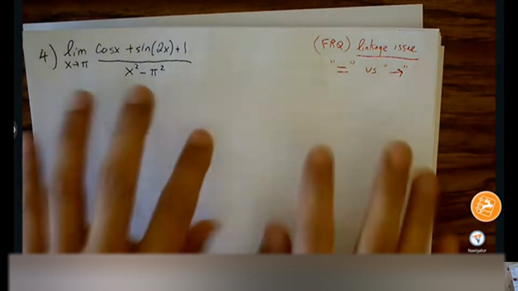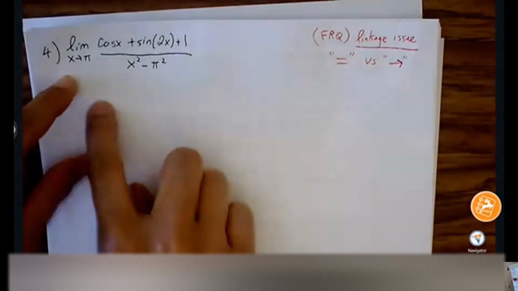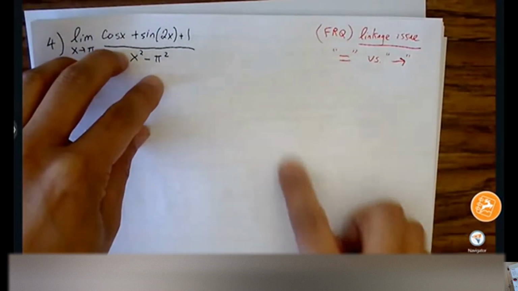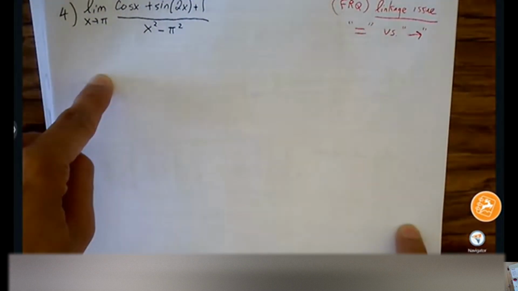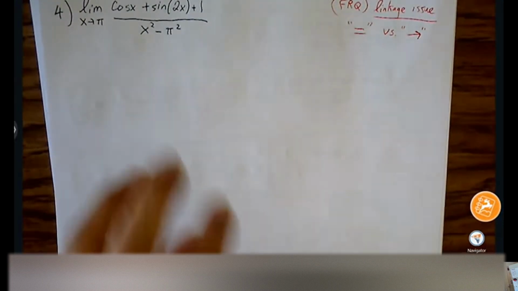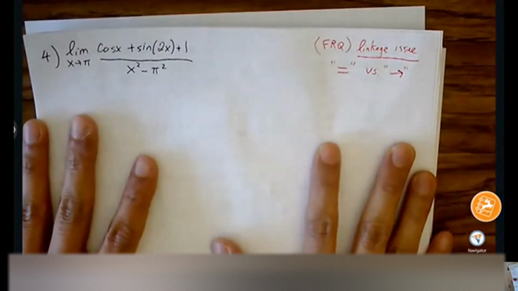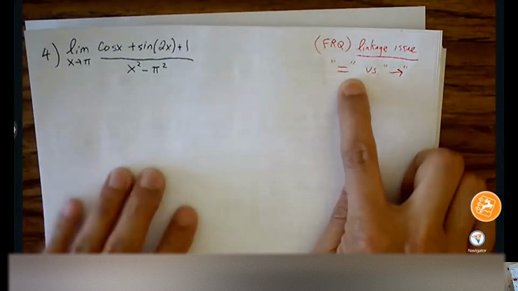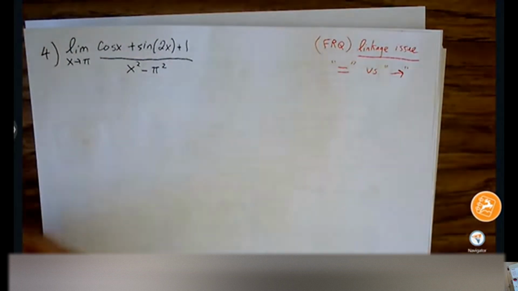But on the AP exam, if you have an equal sign, and all you're using it for is to connect the steps, but they see that this step is not equal to this step, they're going to take that equal sign very literally, and they're going to take off a point. So the suggestion is don't use equal signs on FRQs, use arrows. If you use arrows, then they're not going to take points off.